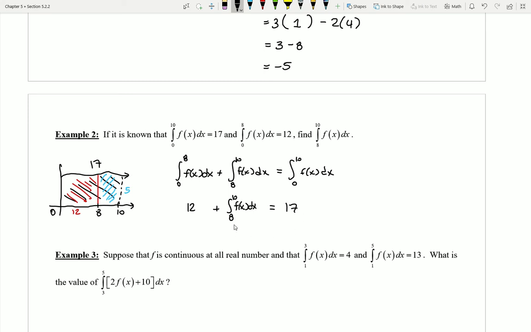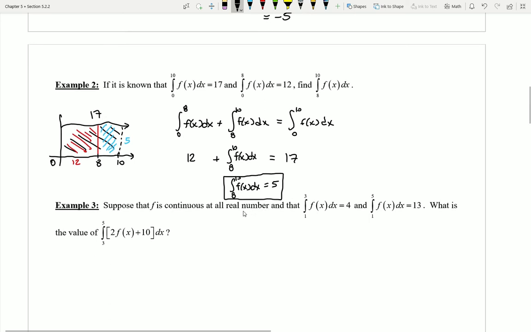If I treat all of this as one distinct variable, I can solve for it just like in an algebra class. I subtract 12 from both sides, and this integral has to be 5. Again, that's exactly what we saw in the picture, but setting things up in this more algebraic, symbolic way is going to be crucial to understanding slightly more complicated questions.